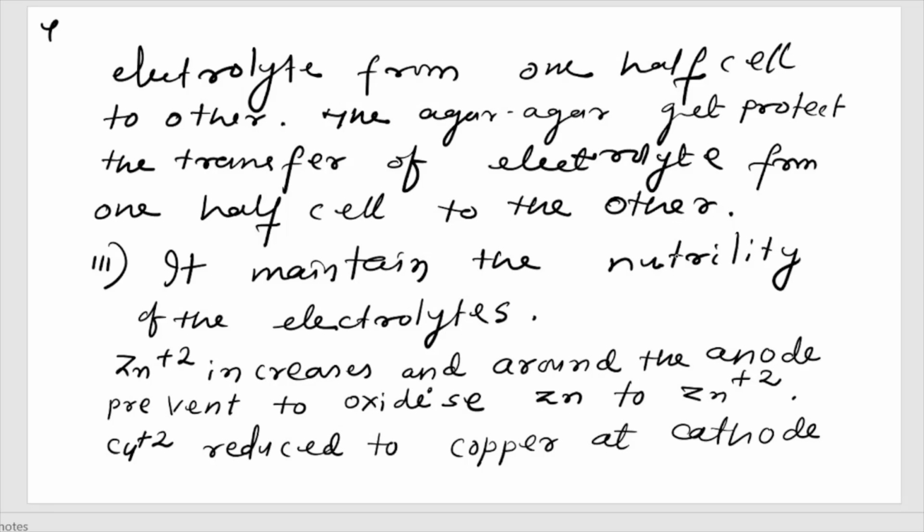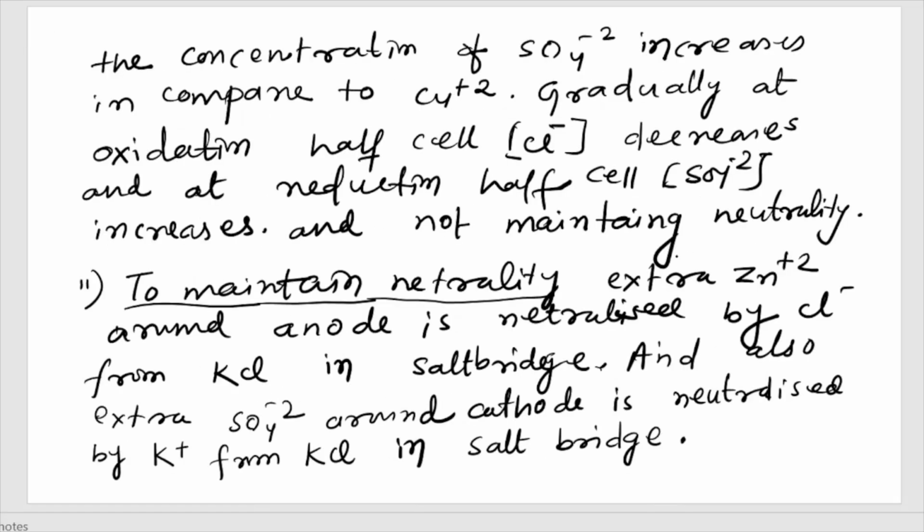What happened to copper+2? Copper+2 is reduced to copper at the cathode. At the cathode, Cu+2, that means copper sulfate solution, is reduced to copper, and what happened? The concentration of SO4-2 increases because in solution copper sulfate is there. Cu+2 gains electrons and changes to copper.